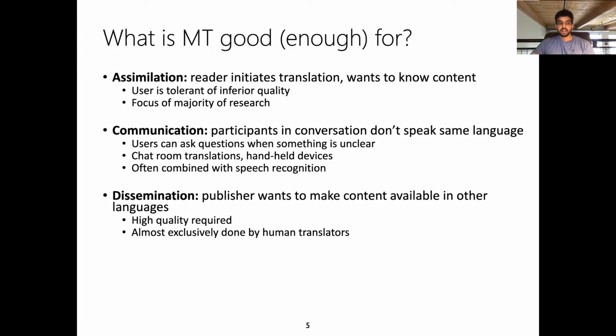And finally, if you're talking about a publisher who wants to translate some content into multiple different languages and then make that available publicly or for purchase, you of course need an incredibly high quality of output translation, right? So much so that this task is not done by machines.